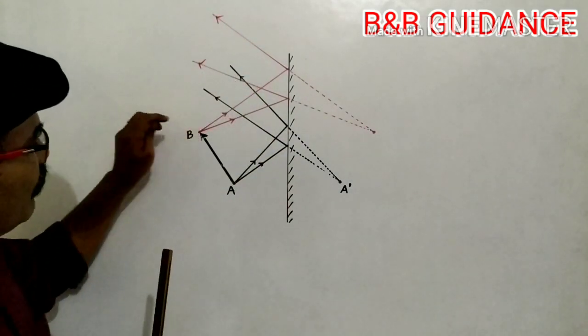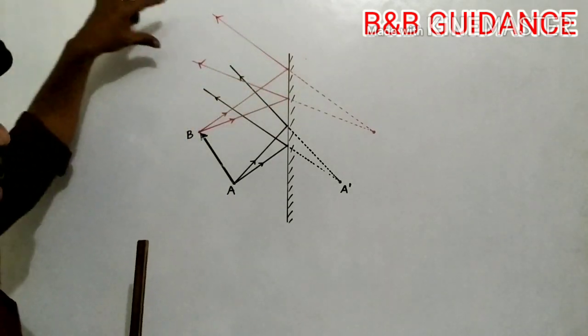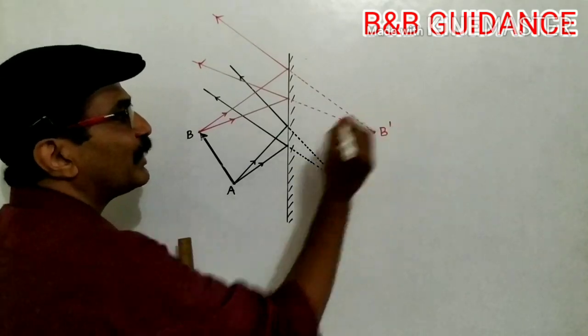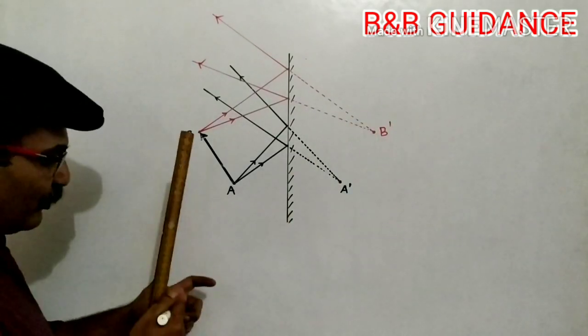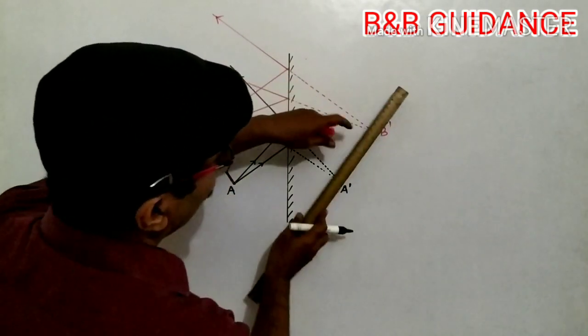So the ray from B falls on the mirror, from there it will be reflected, but appears to diverge from this point, so that is B dash. So I will get the image A dash B dash. See.